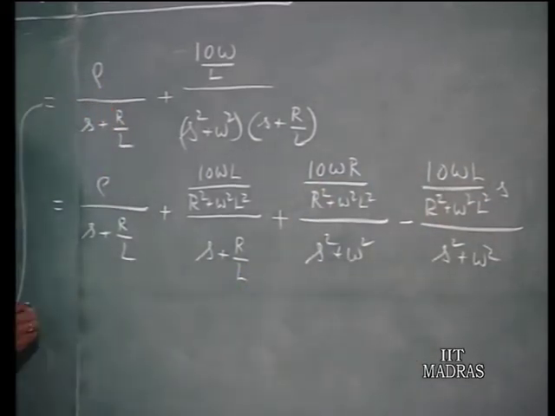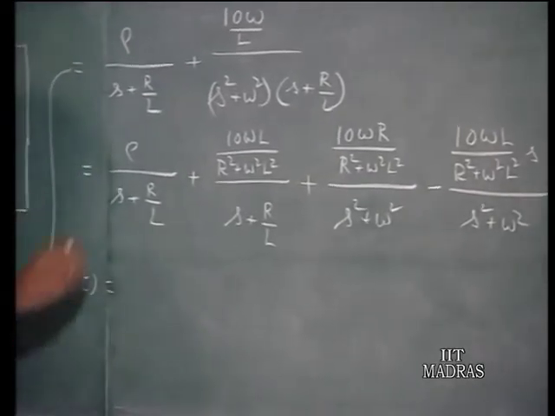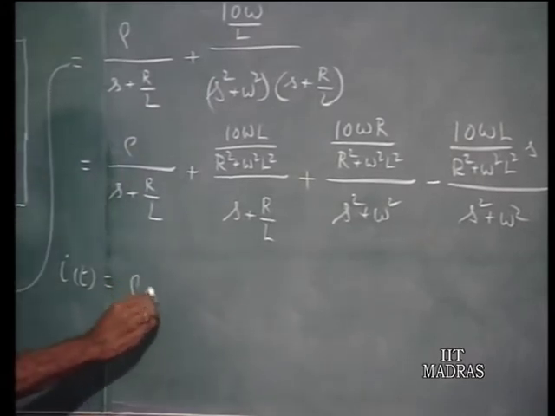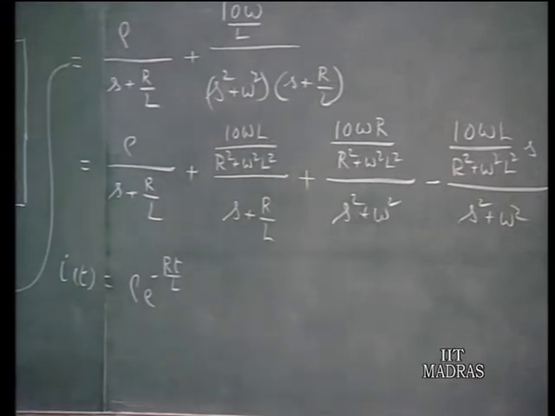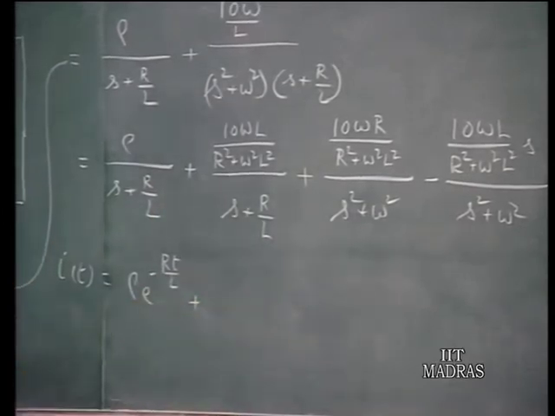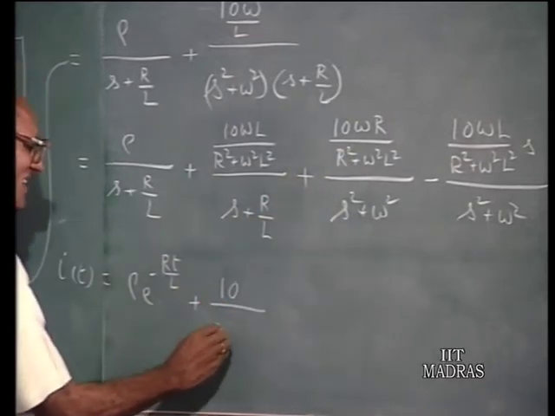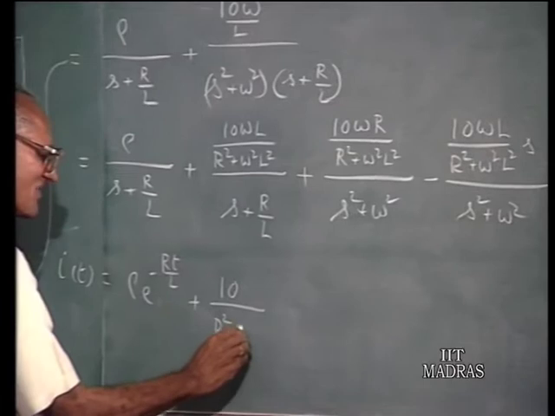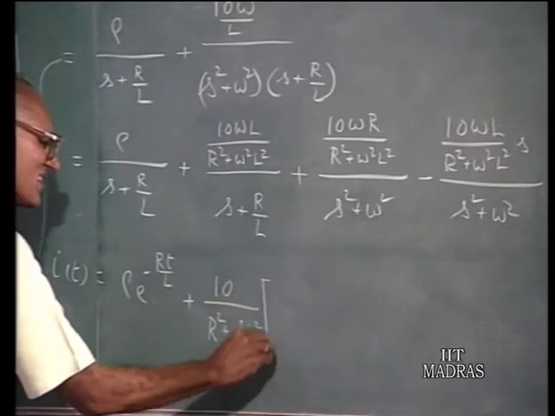So, i(t), for the first term, is rho e to the power of minus Rt by L, that is the inverse Laplace transform of this. As far as this is concerned, you have 10 by R squared plus omega squared L squared, that is a common factor right through, so I will keep that separately.